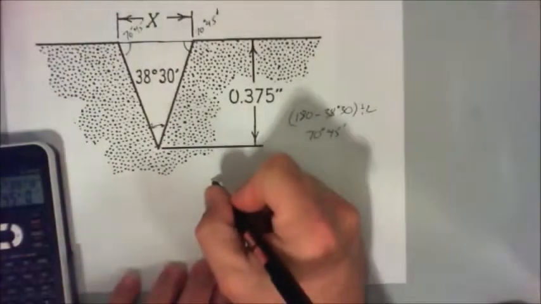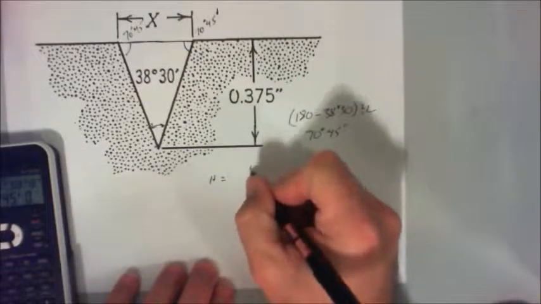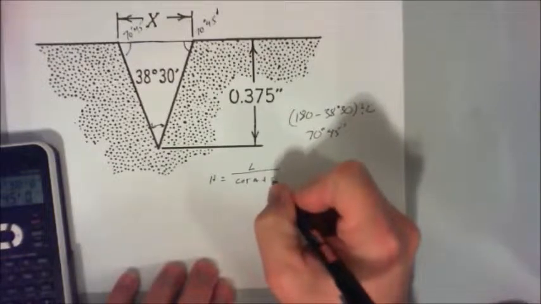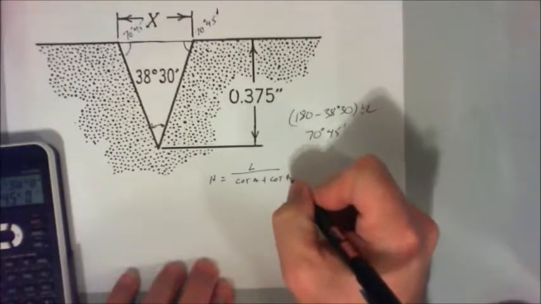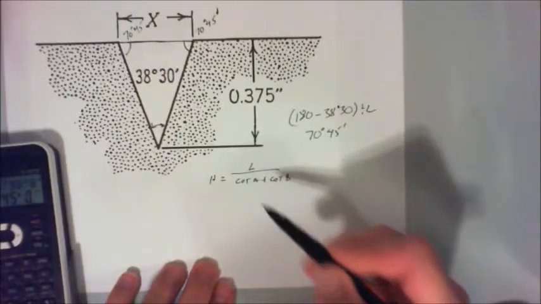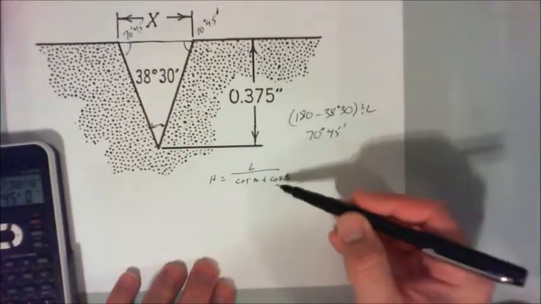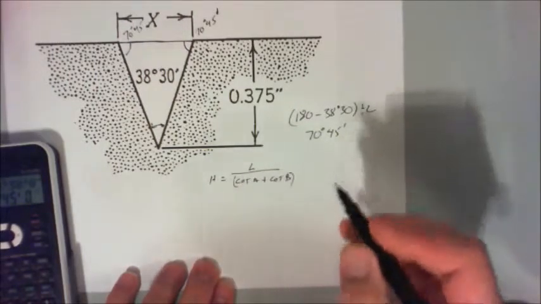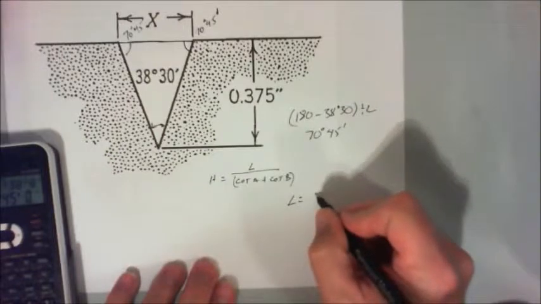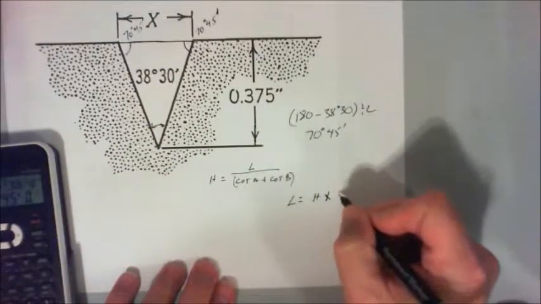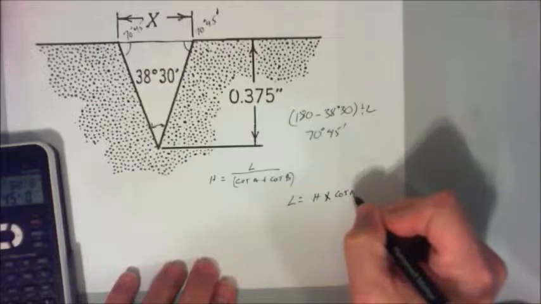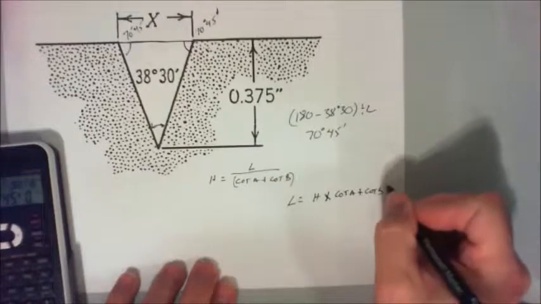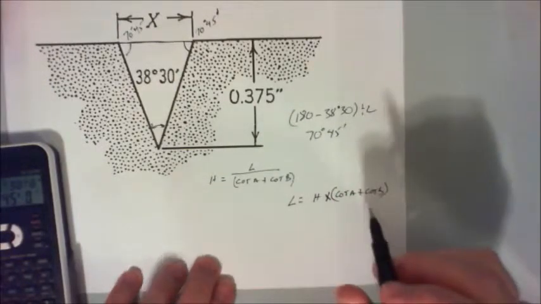We're going to go h equals L over cot A plus cot B. We want to get L by itself, so we're going to multiply this side by cot A plus cot B. So L equals H times cot A plus cot B.